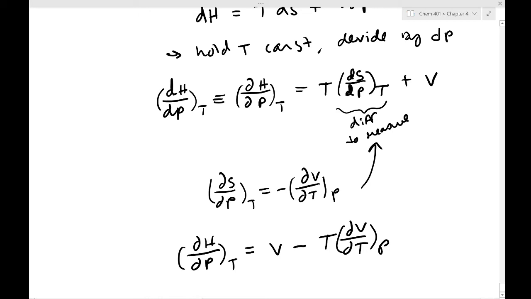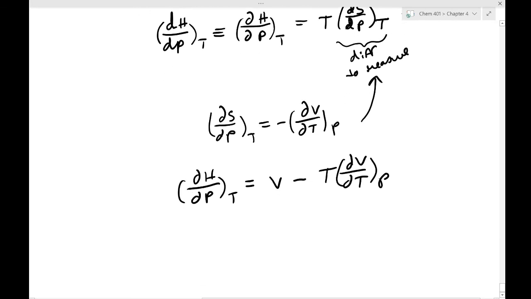Now we know everything about enthalpy. We don't even have to measure enthalpy, and we know it. We know all about H without even measuring H. That's why this is so useful. We're not ever measuring H in this case.